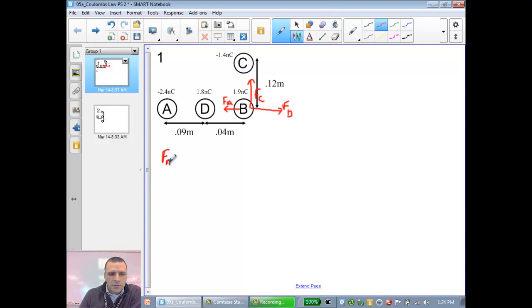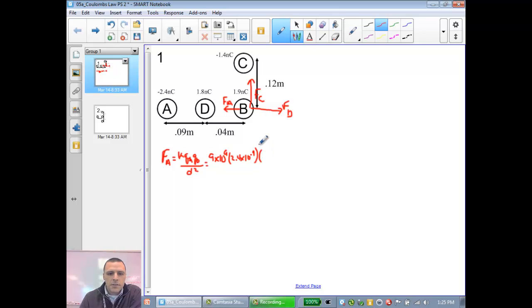Force A, using Coulomb's law, equals k QA QB over d squared. The pair is A and B. K is 9 times 10 to the 9th. Charge A is, I'm leaving out the negative, 2.4 times 10 to the negative 9.